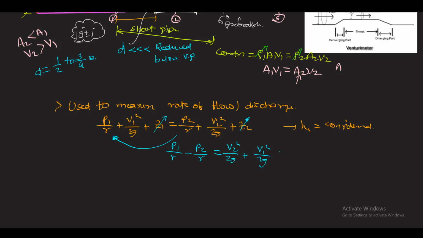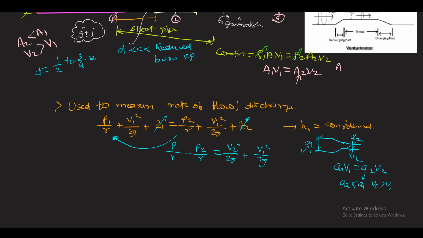So as I said, the area, okay, let me draw a small figure here. From the first point I can say this is the A1, this is the A2, this is the V1, and this is the V2, and in order to satisfy the continuity equation, that is A1 V1 is equals to A2 V2, as this A2 is less than A1, that means V2 is greater than V1.